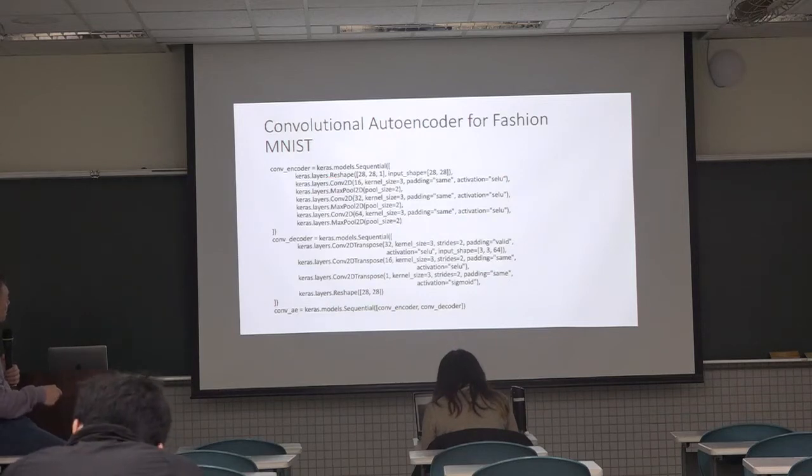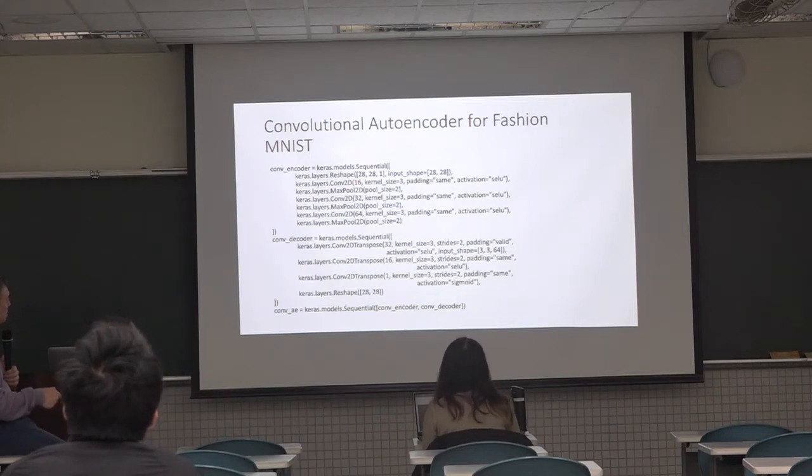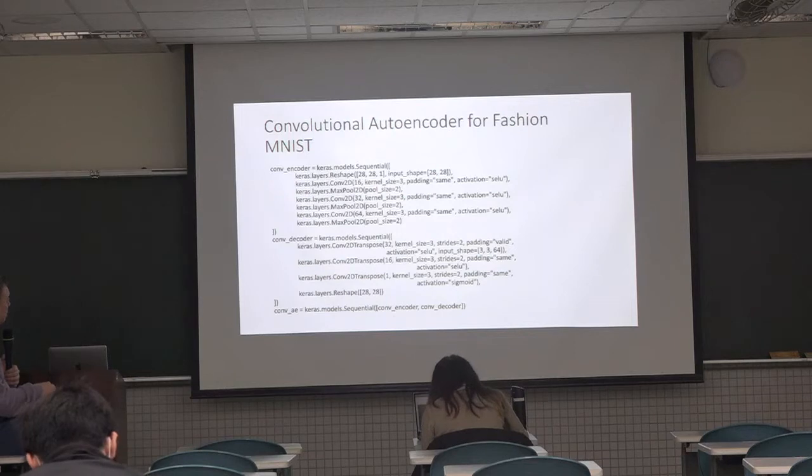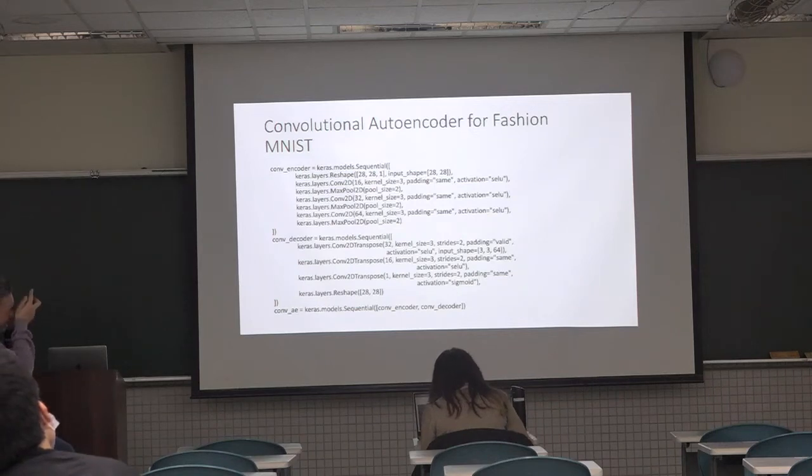This one does not reduce the size. Even though the kernel size is 3, because the padding is the same, the size will be the same. But in the next line we use max pooling with pool size 2, so the width and the height both get cut by half.